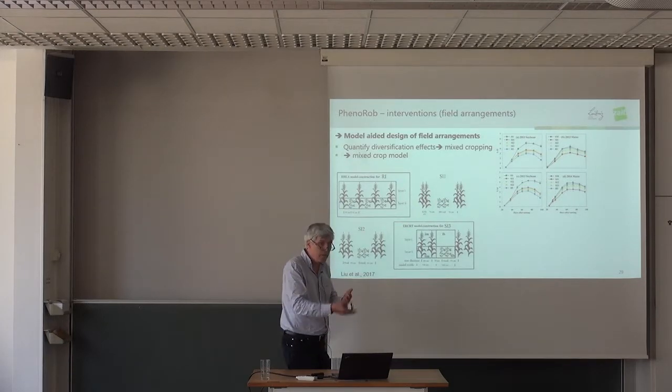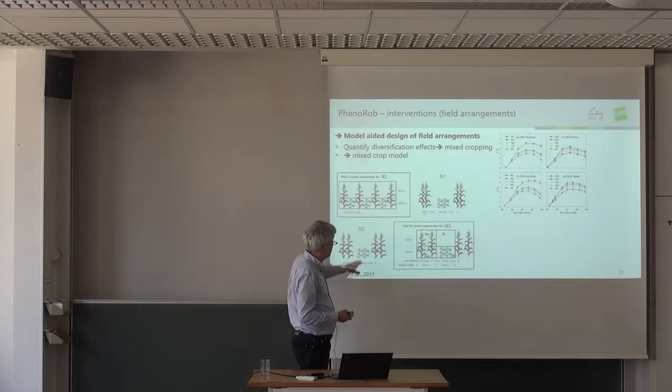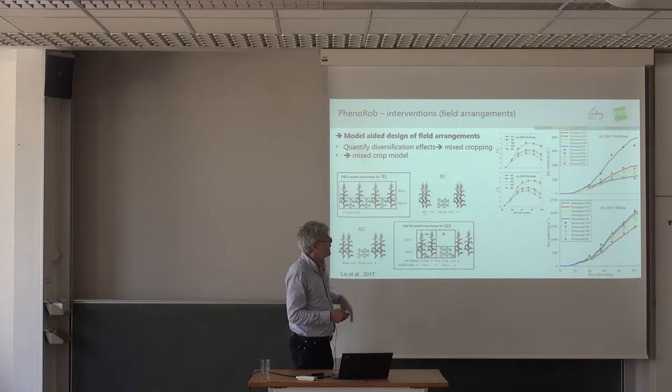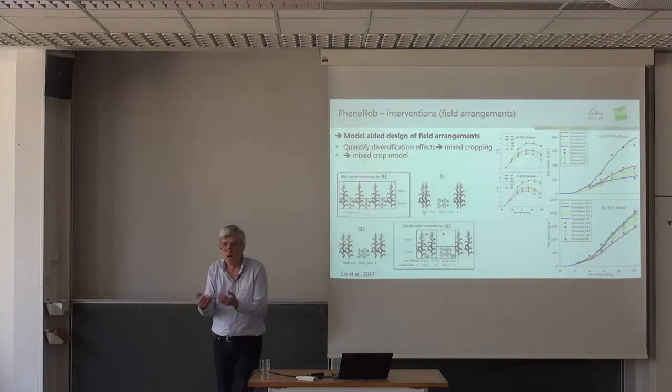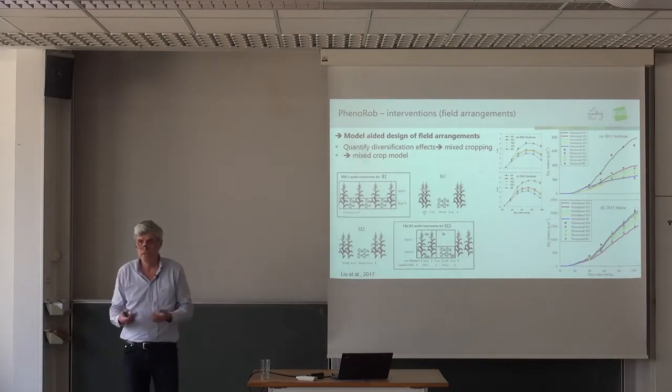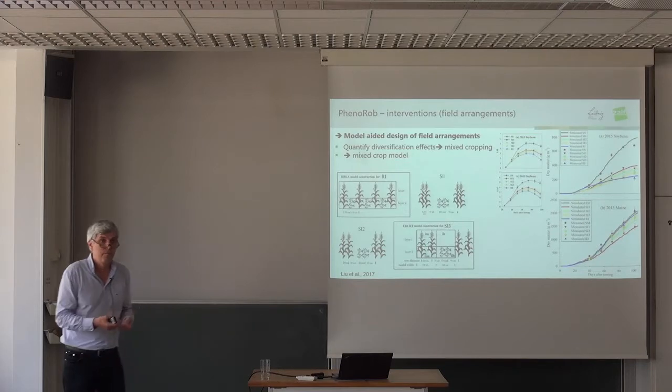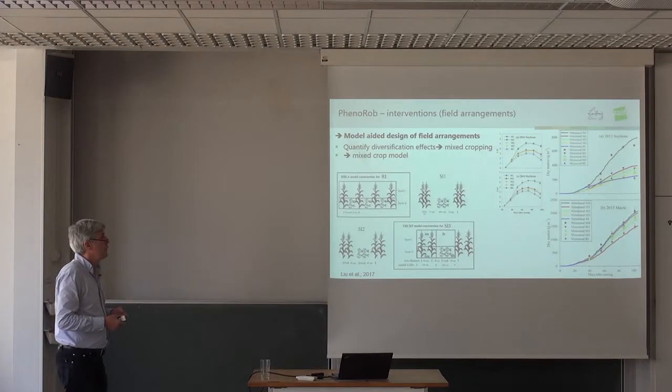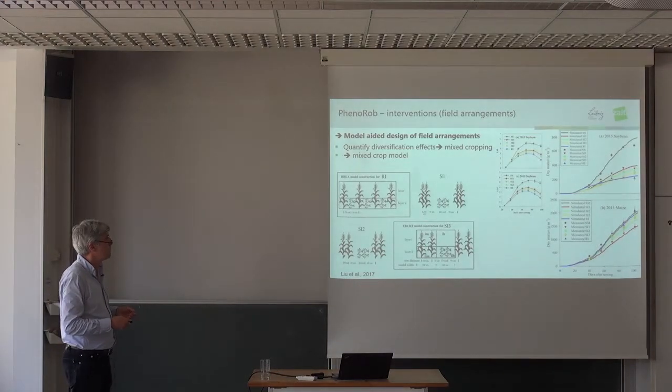So the effect of the shading is much more pronounced in affecting leaf area index for the soybean crop than for the maize crop. You can also then calculate the effects on dry matter and the land equivalent ratio, and see how effective those combinations are in a sustainable production context in order to improve your sustainability.